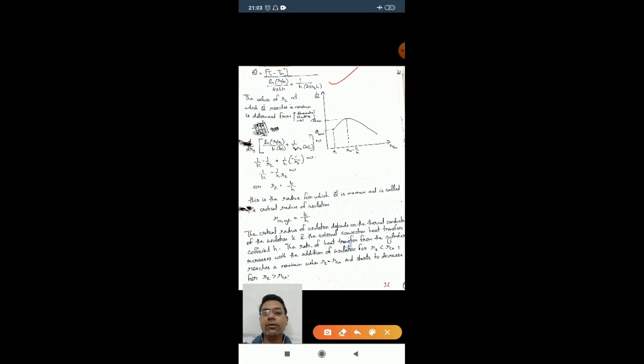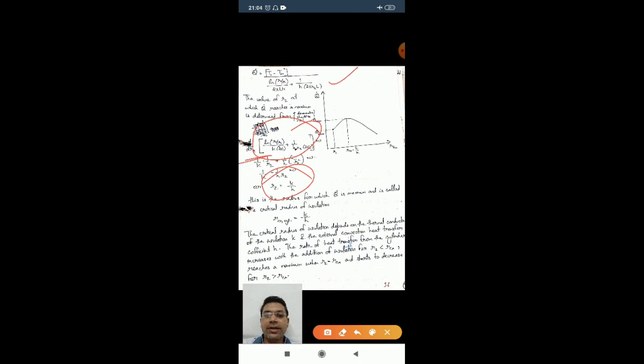Now the value of R2, that means the thickness of insulation for which Q will be maximum: the denominator should be minimum, then Q will be maximum. So differentiating the denominator only, where the variable is R2, that is the insulation, with respect to R2, we get R2 is equal to K by h.